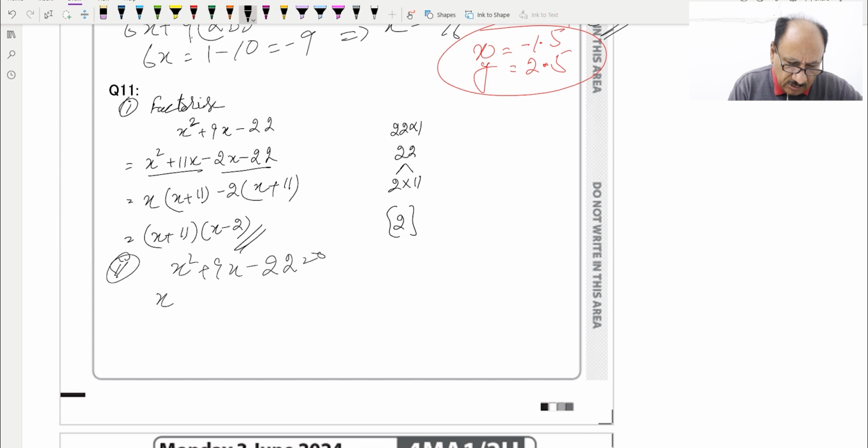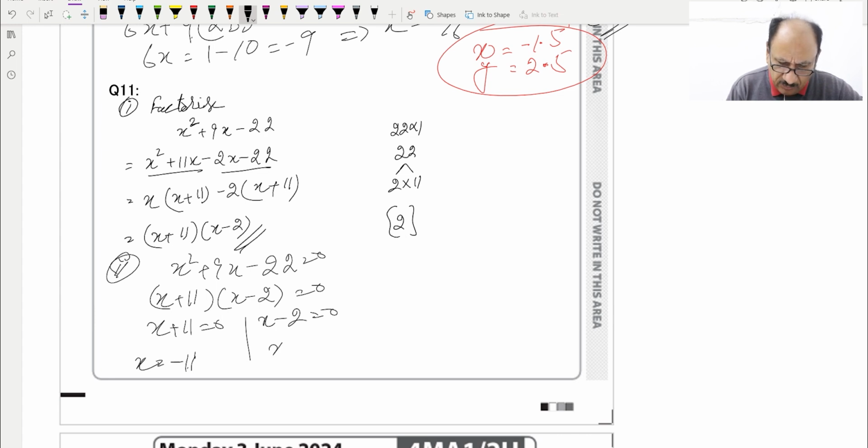So factorization we have already done. We will write factorization is equal to 0. This implies x plus 11 equal to 0, or x minus 2 is equal to 0. So x is equal to minus 11, or x is equal to 2. So 2 and minus 11 will be answer for this one, and this is 1 mark part which is done.